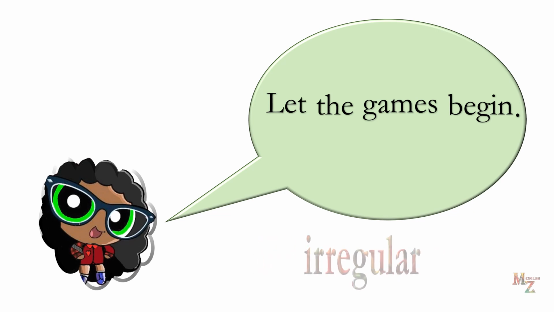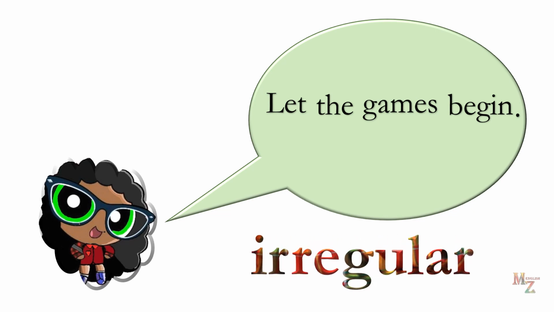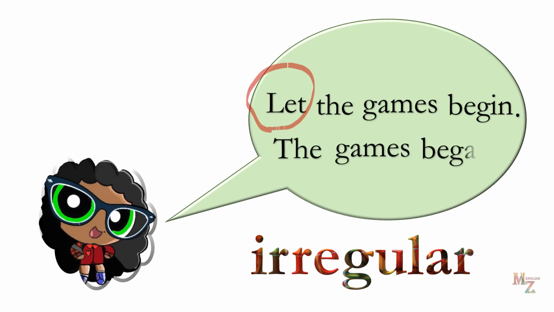Begin is an irregular verb, but our most active word here is let. And let does not have a past tense. So our sentence remains, let the games begin, or we would probably say something like, the games began.